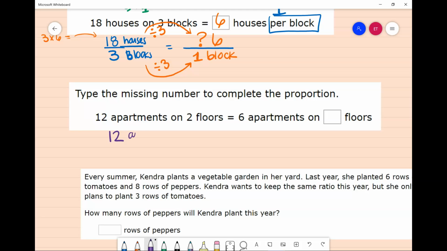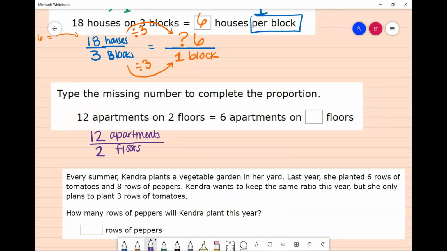So 12 is my numerator, and that's 12 apartments over 2 floors. We're going to set that equal to an equivalent ratio. They have 6 apartments, and we want to know on how many floors.